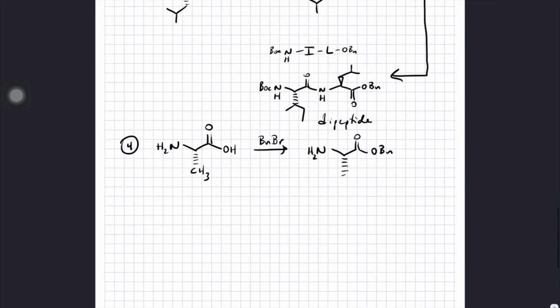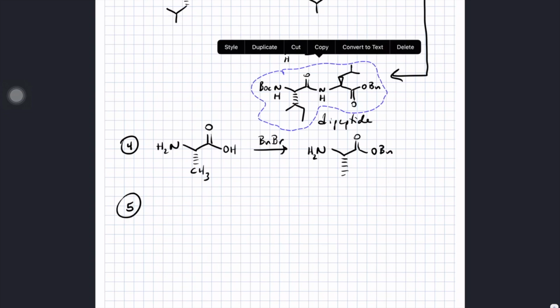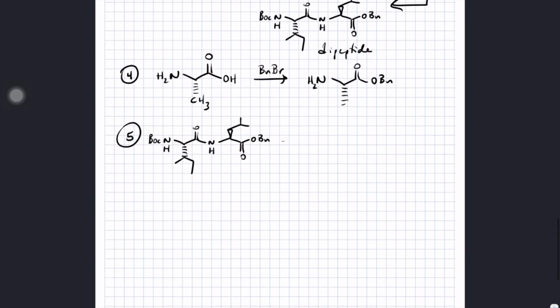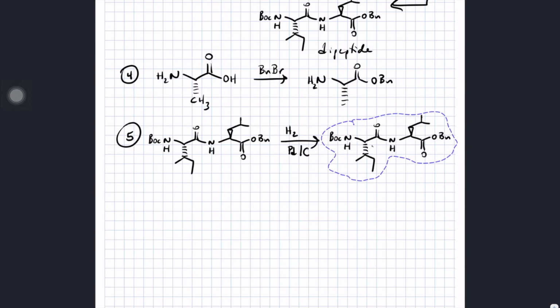And then we're going to take the dipeptide, and now we need to make it so the carboxylate group is free. So we'll do the deprotection reaction, hydrogen and palladium on carbon for the dipeptide, and that will get us the following molecule with the carboxylic acid group open.